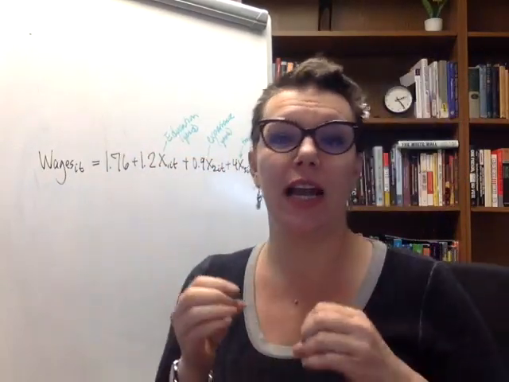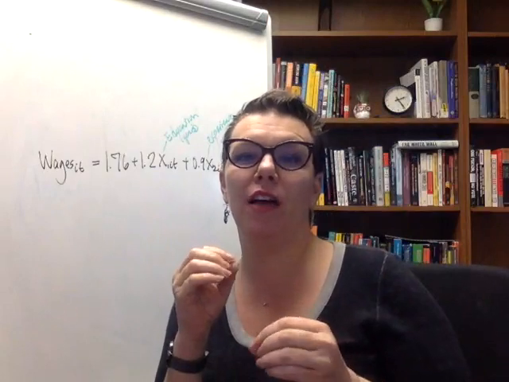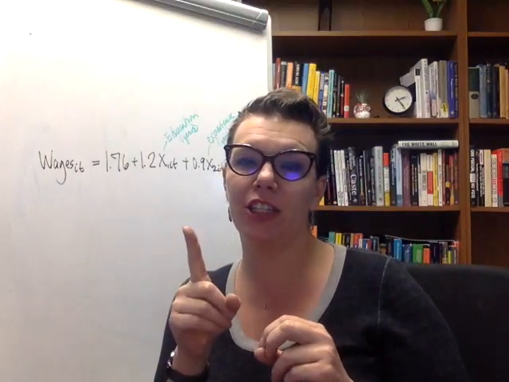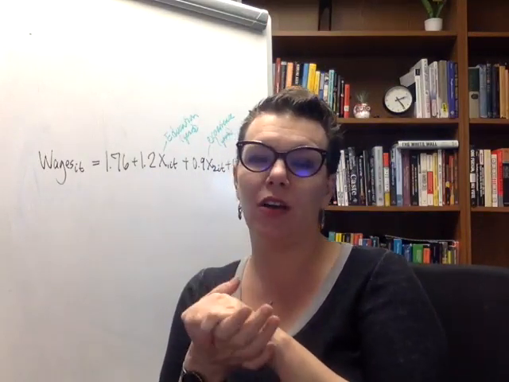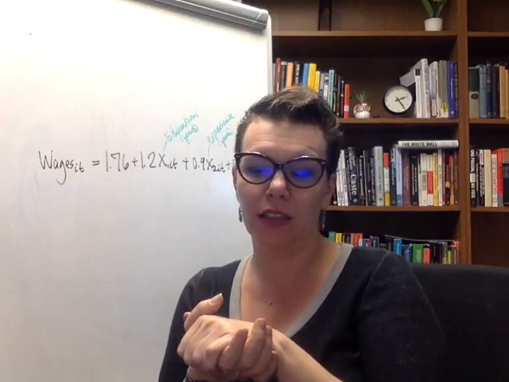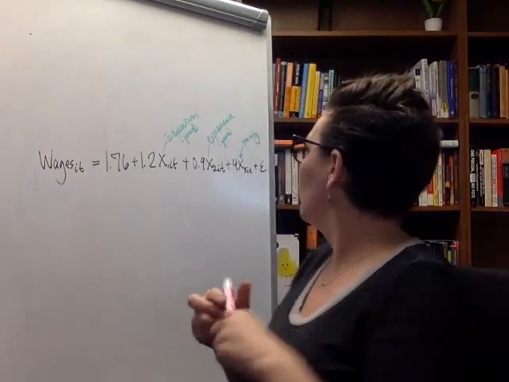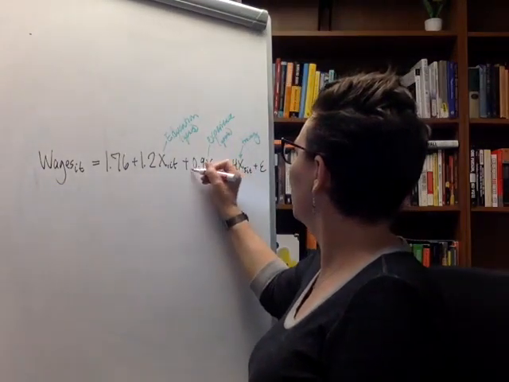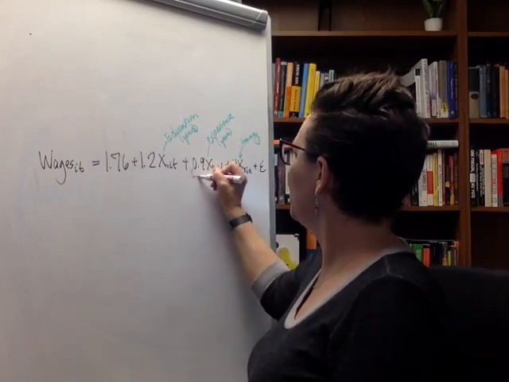So the first question asks, what is the marginal effect of one additional year of experience on wages, all else held constant? So where's experience? It's right here. The coefficient for experience is 0.9.